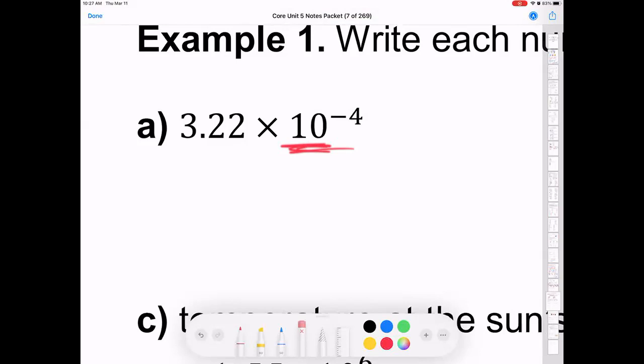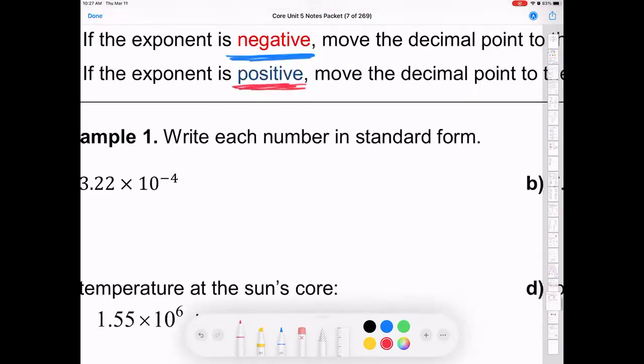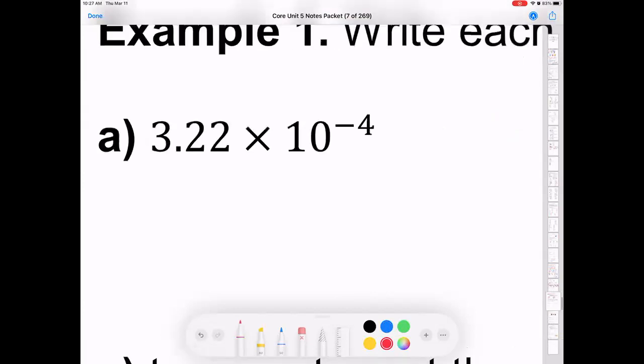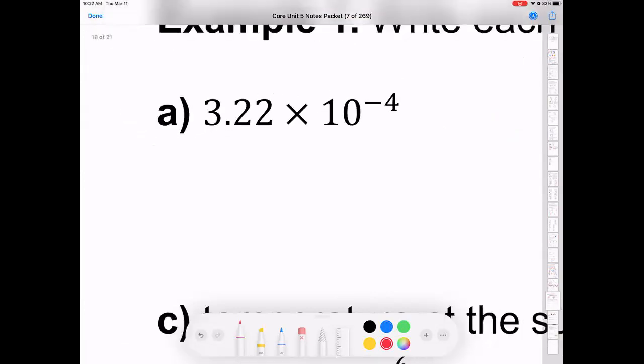Now, when you have something like 3.22 times 10 raised to the negative 4, we're trying to create this in standard form. In other words, we just want the number. What does that come out to be? Right now it's in scientific notation, and we're trying to get the normal number.